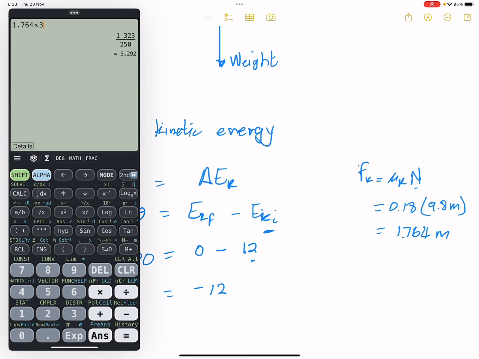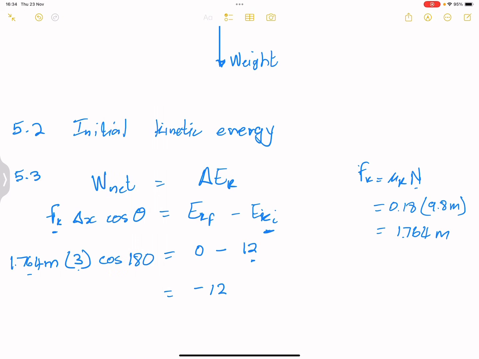Times 3, cos of 180 is -1. So that gives me 5.292, right? So that will be -5.292 m, and we can divide both sides by -5.292.